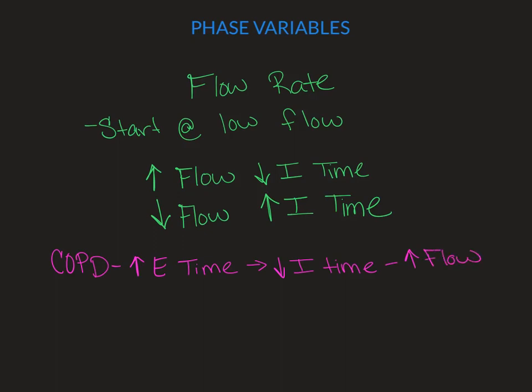Now say you have a neuromuscular patient or a patient that's air hungry, who feels that the breath isn't going fast enough, or they're not getting enough big breaths. You're going to want to increase that I time. By increasing the I time, you're decreasing the E time. And to do that, you are going to decrease the flow.